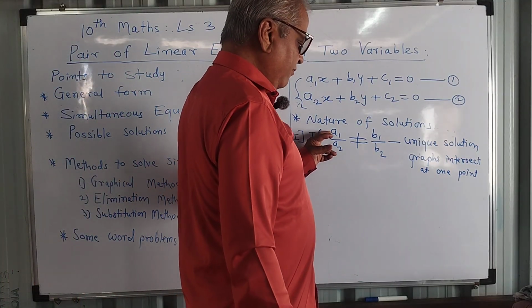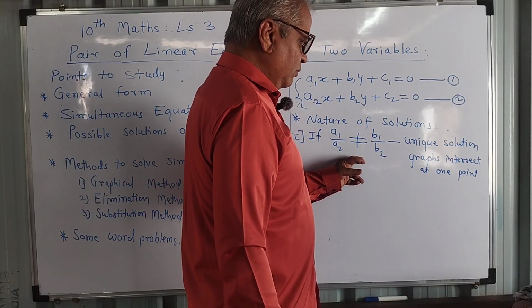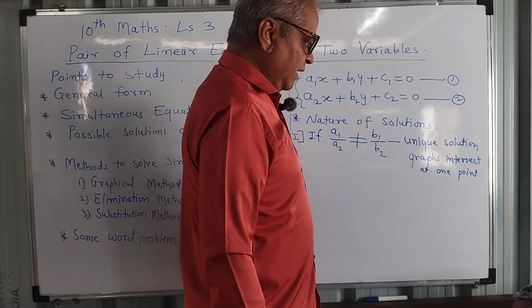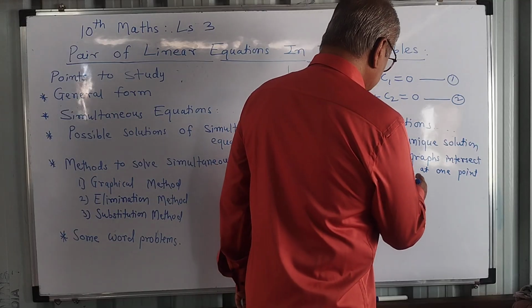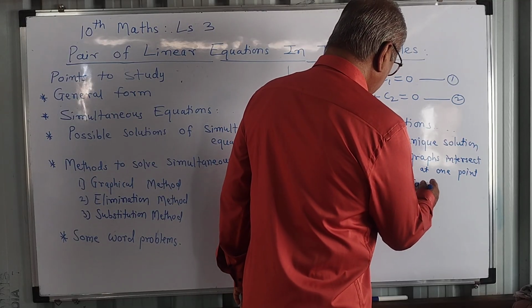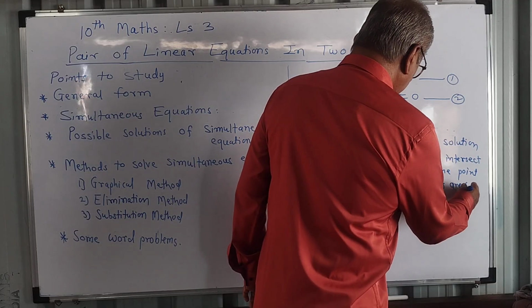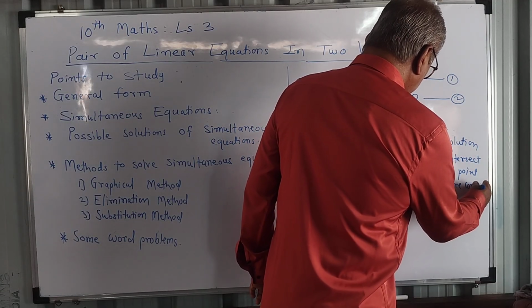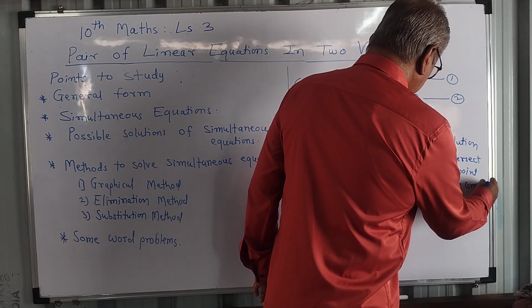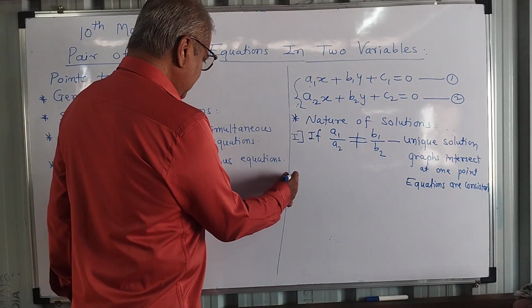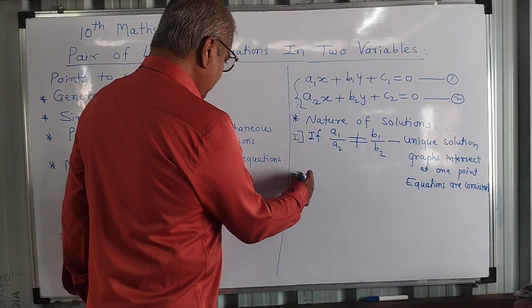So a1 upon a2 not equals to b1 upon b2. It has unique solution, it has a solution, that's why the equations are consistent. Equations are consistent.